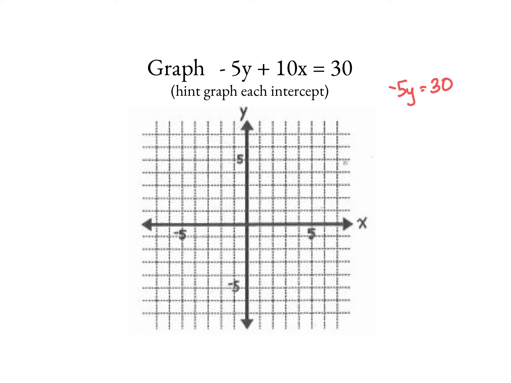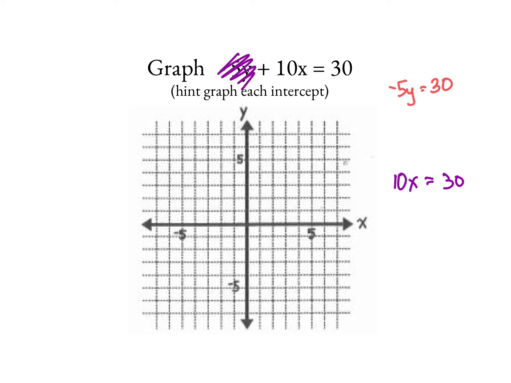So if I'm looking at this and I say, let's pretend x is 0, then I'm ignoring this term and I'm saying -5y equals 30. But what if I said y is 0? Then I'd have 10x is equal to 30. So I can solve for each of those.